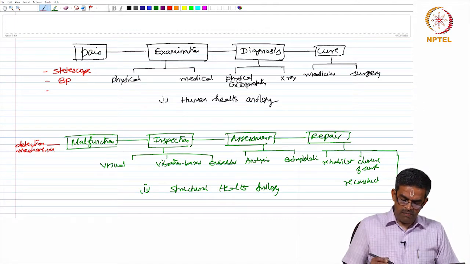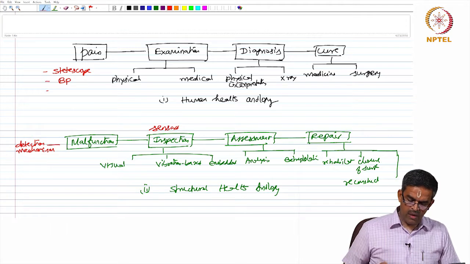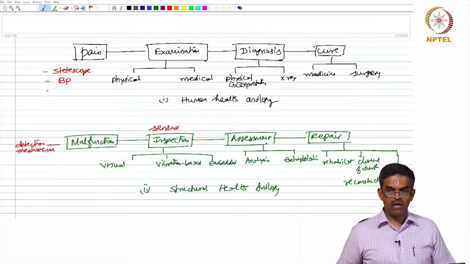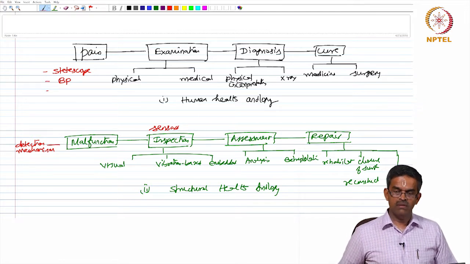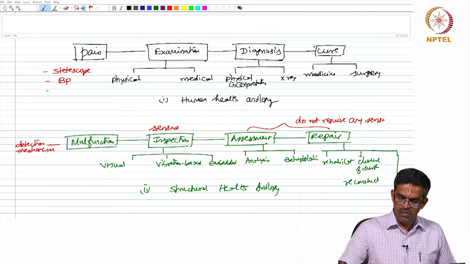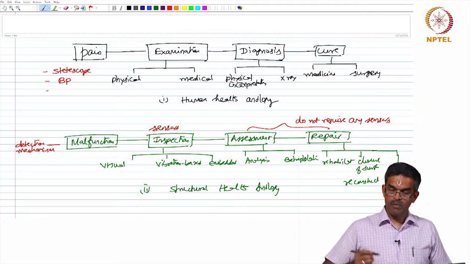Even for inspection, we need sensors which can record different kinds of measurements that are important, like mechanical, physical and chemical. Of course, for assessment and repair, we do not need any sensors, provided the repair is not towards the control mechanisms.